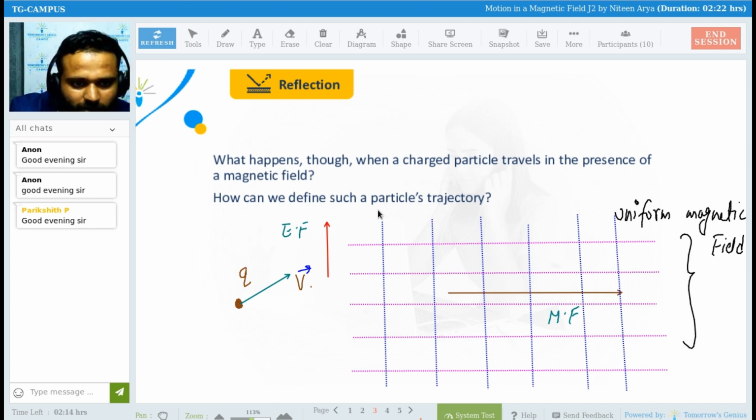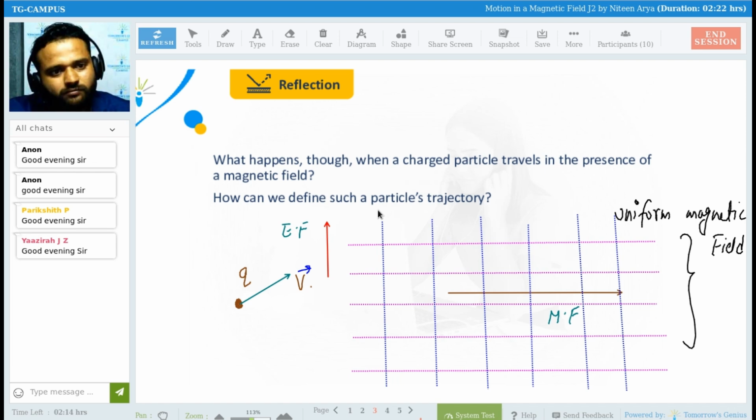Tell me what is going to happen here. Is this that hard?